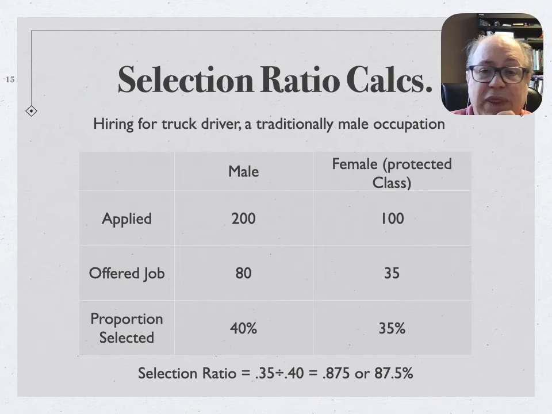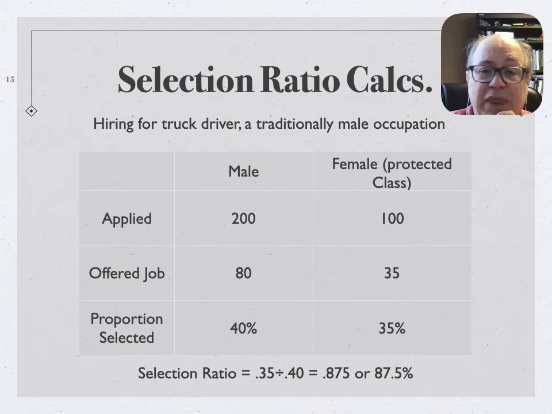We're hiring a truck driver, and this is traditionally a male occupation, and women are increasingly doing it. And we have a certain number of people applying. That's a key factor. You are not required to hire the same number of people, but you are required to have an approximately similar number of people offered the job based upon the number of who applied.